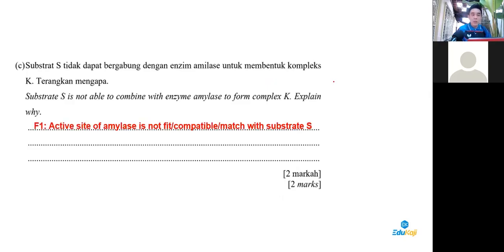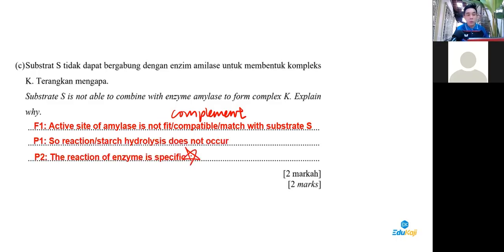Active site is not compatible, not fit, or cannot complement substrate S. Reaction cannot occur. And you definitely get 1 mark if you mention enzyme is specific, because that's the foundation for the whole explanation. Specific means one type of enzyme is only for one type of reaction, or can only allow one type of substrate to attach to it.